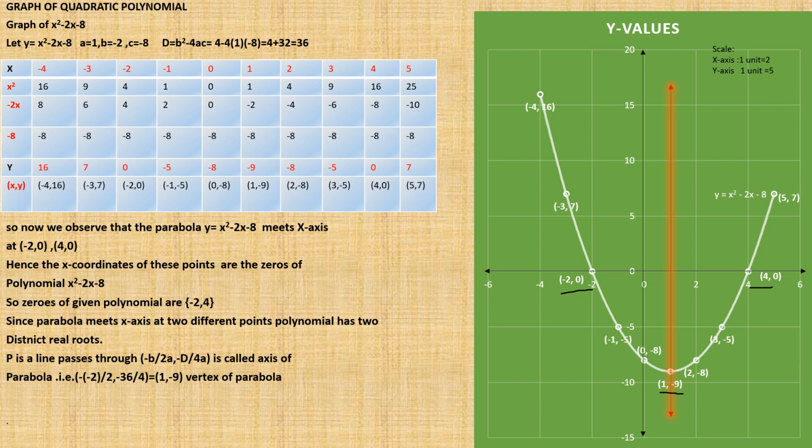If you draw a line through the vertex, the parabola is symmetric about this axis. Symmetric means any 2 points on the parabola are equidistant from this line. That's why this is called the axis of the parabola, and that point is known as the vertex of the parabola. So this is the first case, when the polynomial has two different roots.